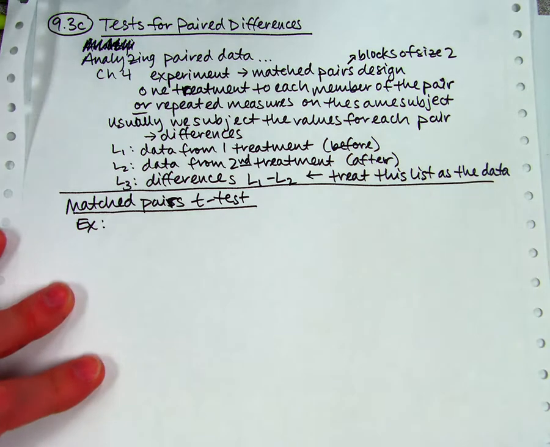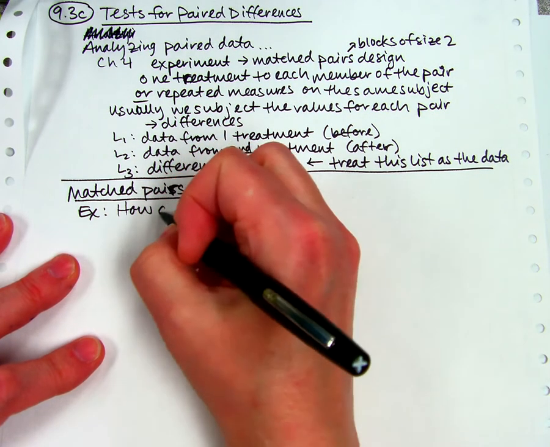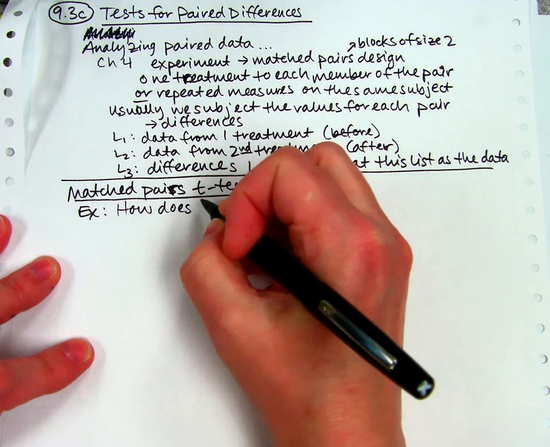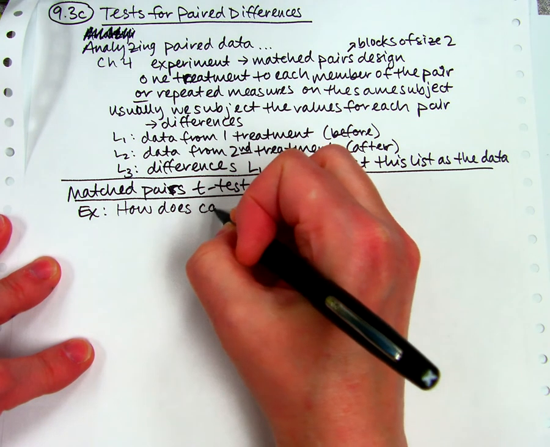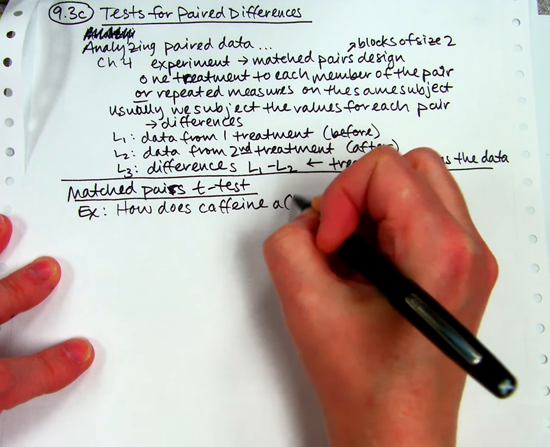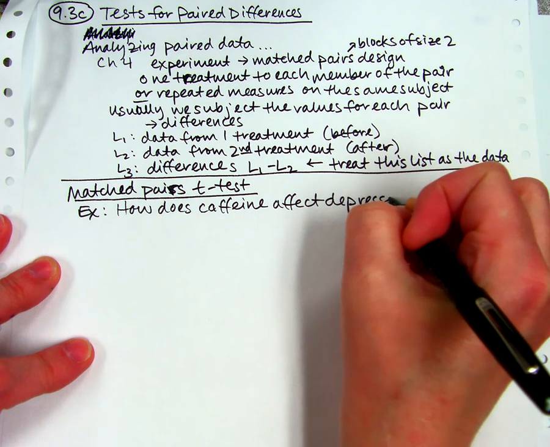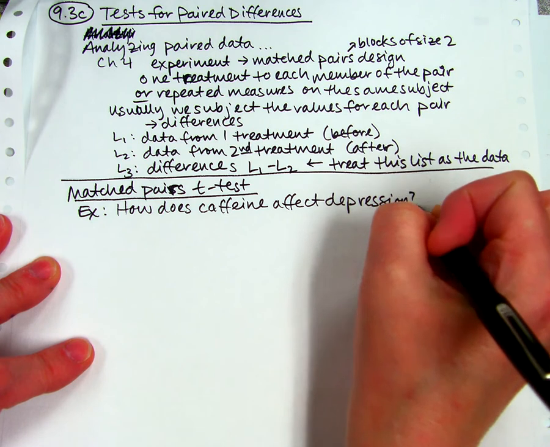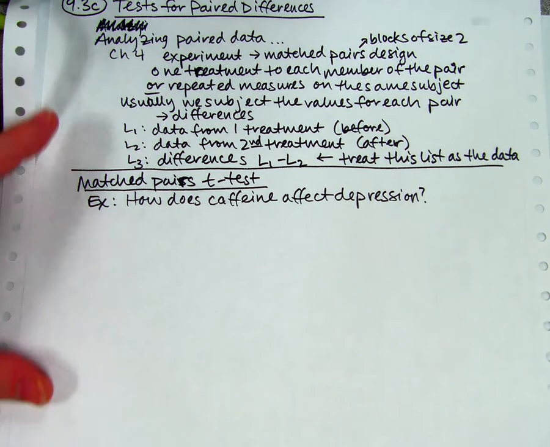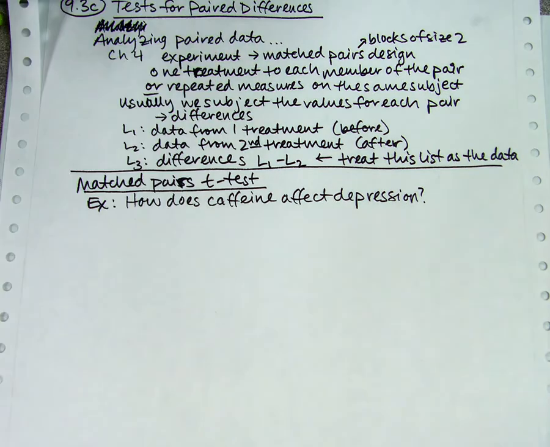Let's do one about caffeine. How does caffeine affect your mood and specifically affect depression? This is a typical sort of scientific study that people researching medicine and health might do.